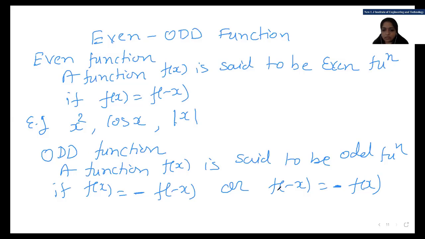If a function satisfies this condition, then that is known as an odd function. So examples of odd functions are x, x cube, sin x, like this. Okay. In this case, x and minus x satisfy this condition. x cube and minus x cube. Similarly, sin x is equal to minus sin minus x. Okay.